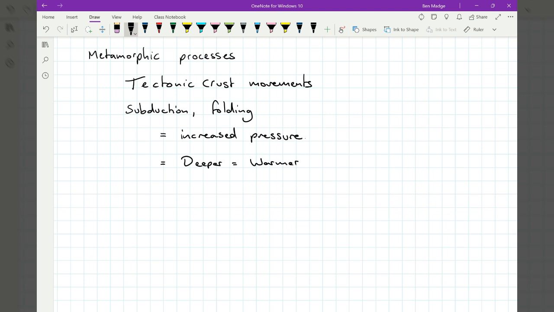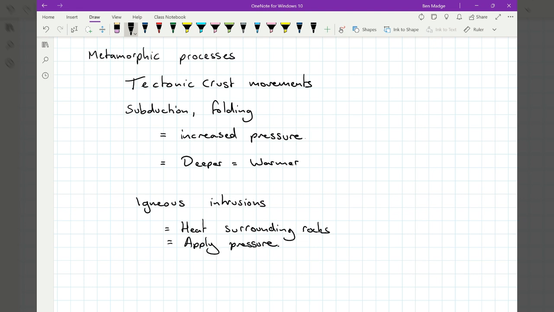So we have potentially, in addition to this, we can have igneous intrusions, which can heat surrounding rocks. And they are also going to apply pressure.